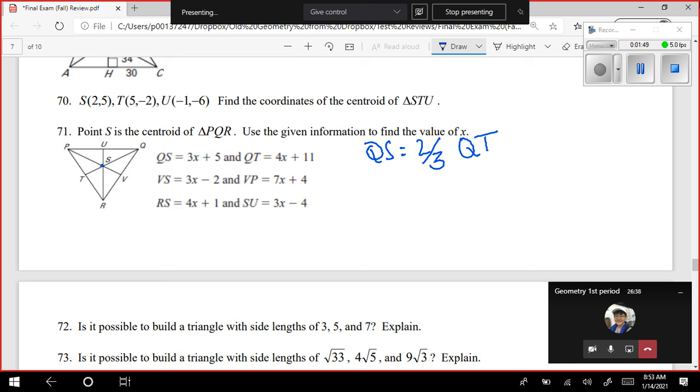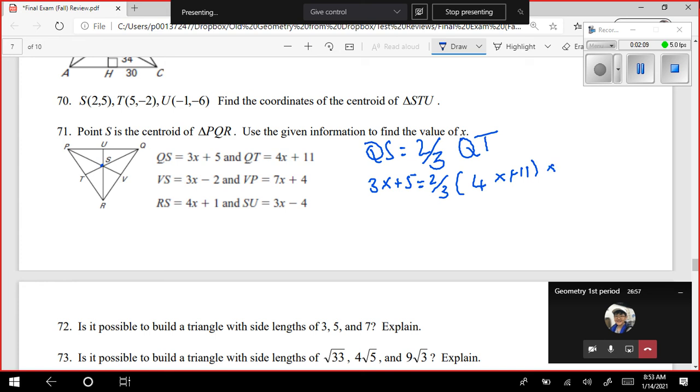So QS is going to be two-third of QT. Substitute and then you can solve for x for the first one. There are three parts. So QS here is 3x plus 5 equals two-third of QT, which is 4x plus 11.